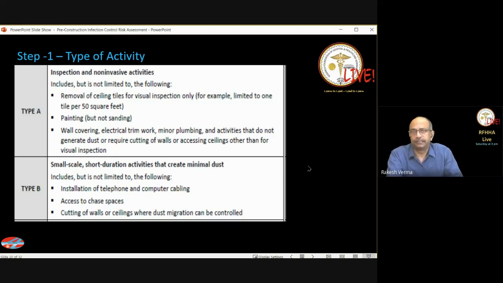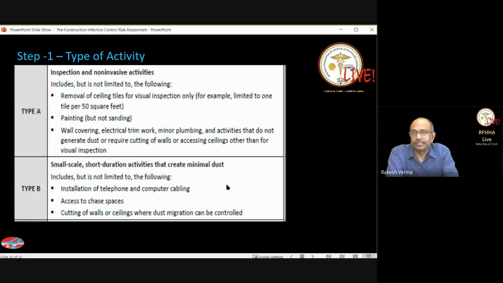Type A activity will be where there is inspection or there are non-invasive activities. Some of the examples are removing the ceiling tiles for visual inspection only, and you are not getting into any repair, replacement, or something of that sort. Please see that the tool also defines how many tiles are removed to qualify as type A activity. So 1 tile per 50 square feet; we may not need to go into so much micro detailing.